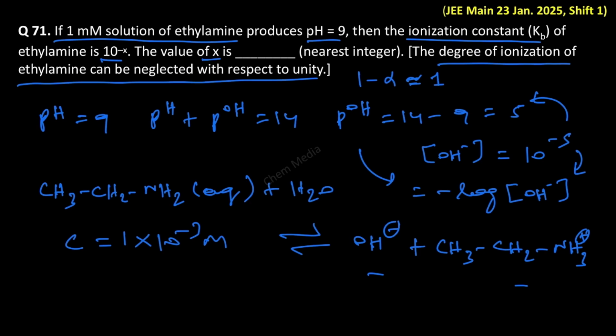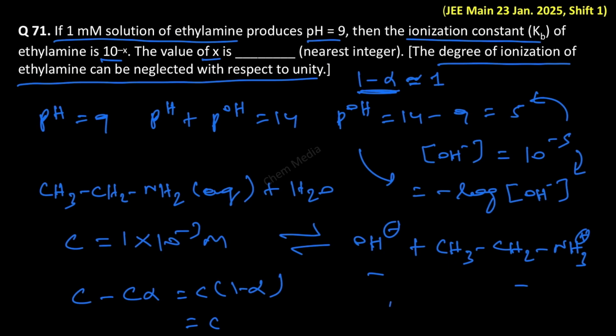But at equilibrium, the concentration of ethylamine will be C minus C alpha, which we can write as C times 1 minus alpha, and we know that 1 minus alpha is approximately equal to 1. So, even at equilibrium, we are going to take the value as simply concentration.